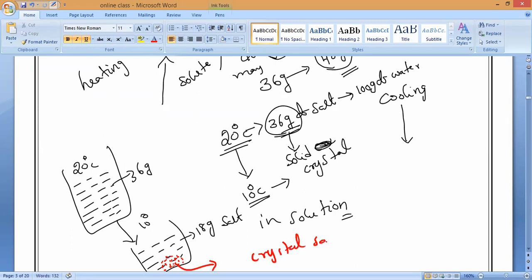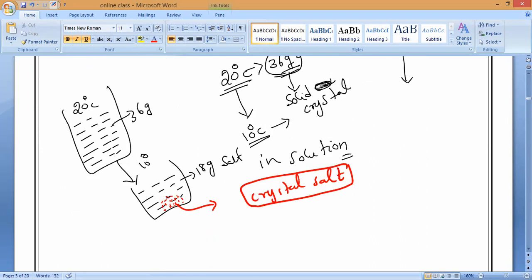Are you understanding or not? It will form crystals at the bottom of the container. Is it okay, guys? So, if you cool from a particular temperature to a lower temperature, then some of the dissolved solute will separate out in the form of solid crystals.